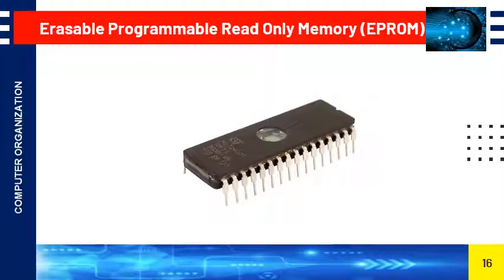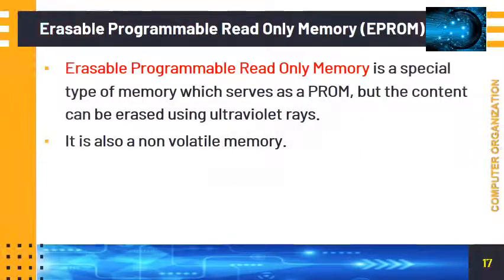Next, EPROM. EPROM stands for Erasable Programmable Read Only Memory. Erasable Programmable Read Only Memory is a special type of memory which serves as a PROM, but the contents can be erased using ultraviolet rays.